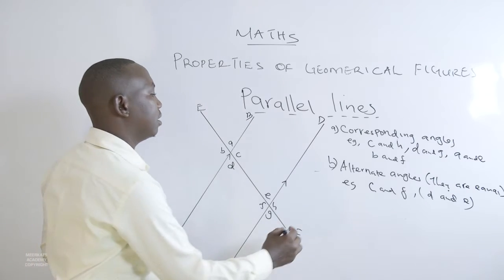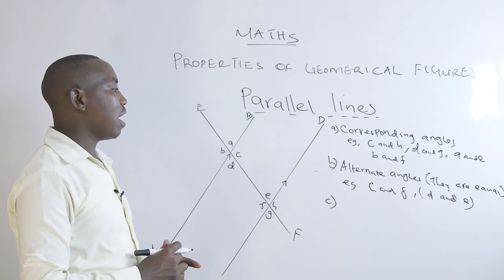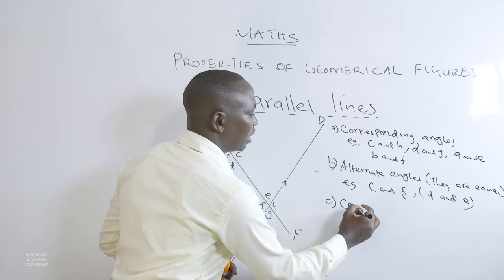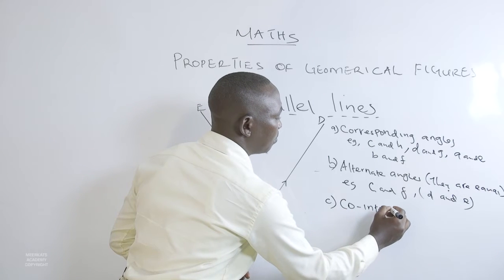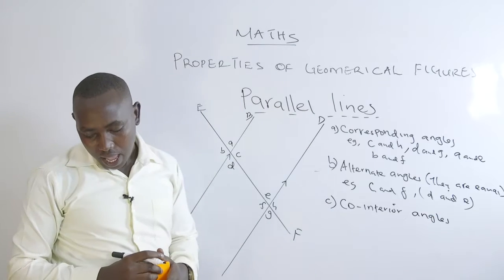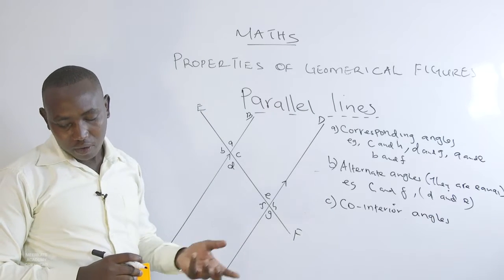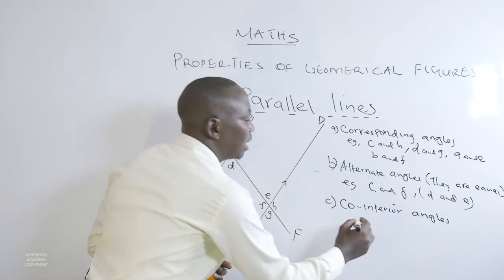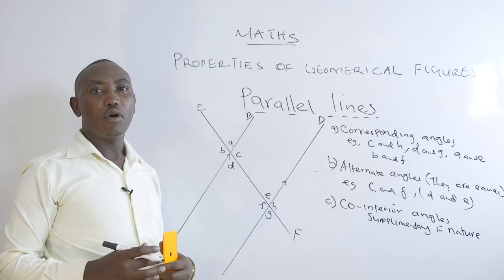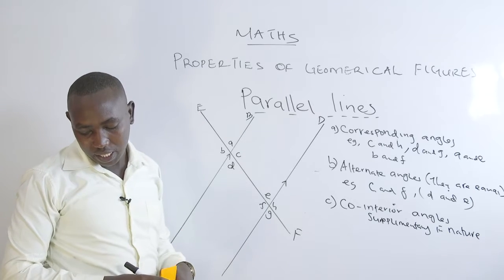Then the last type of angles formed by the parallel lines and a transversal is what we refer to as the co-interior angles. Again, co-interior angles are usually supplementary. Supplementary means they form 180 degrees.